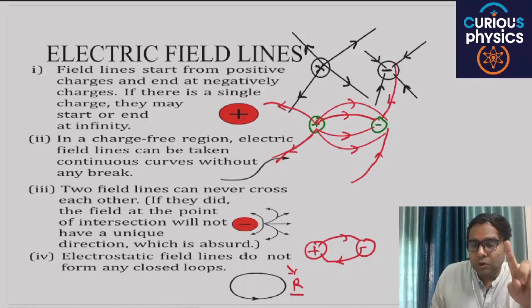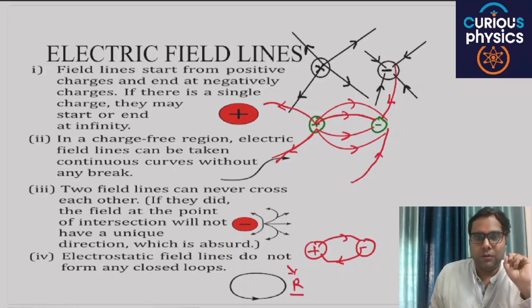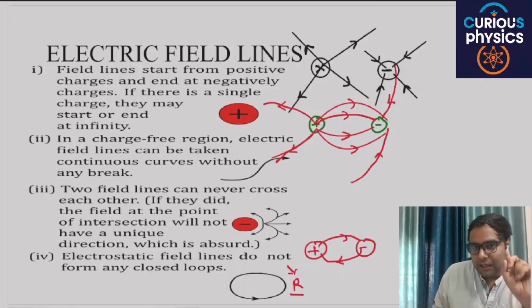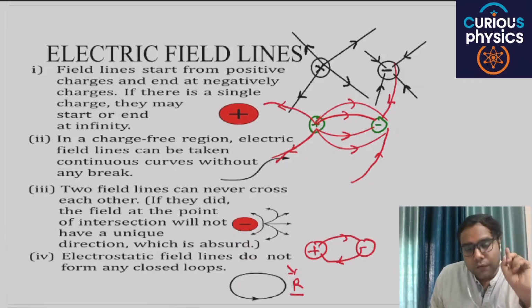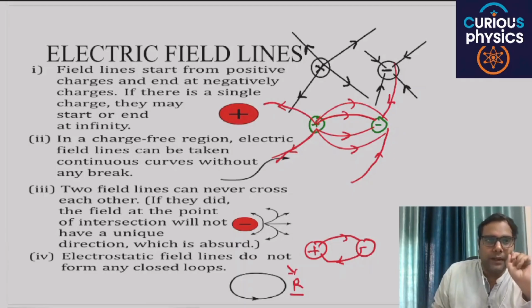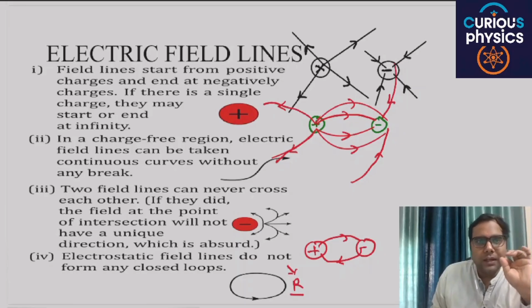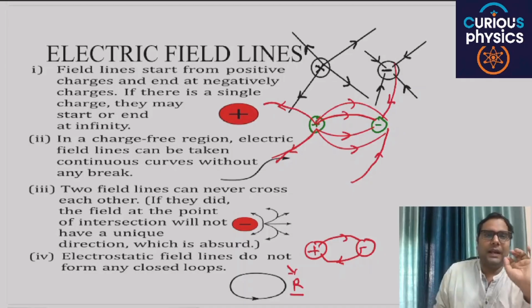If they formed a closed loop, the work done would not be equal to zero. That's why electrostatic field lines never form a closed loop. Are you getting my point? So these are the basic 4 points you should remember for electric field lines.